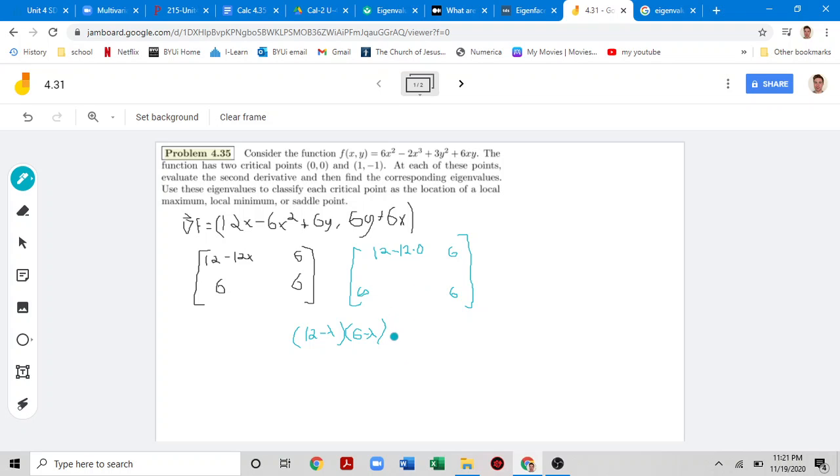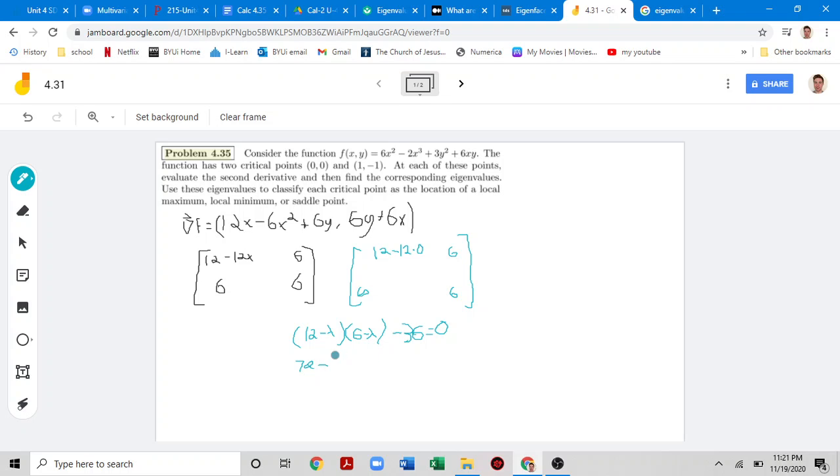And then we'll do minus 6 times 6, which is 36, and make that equal to 0. Man, this one's having us do math. So 6 times 12 equals 72. Then we have to do FOIL: first, outer, inner, last.